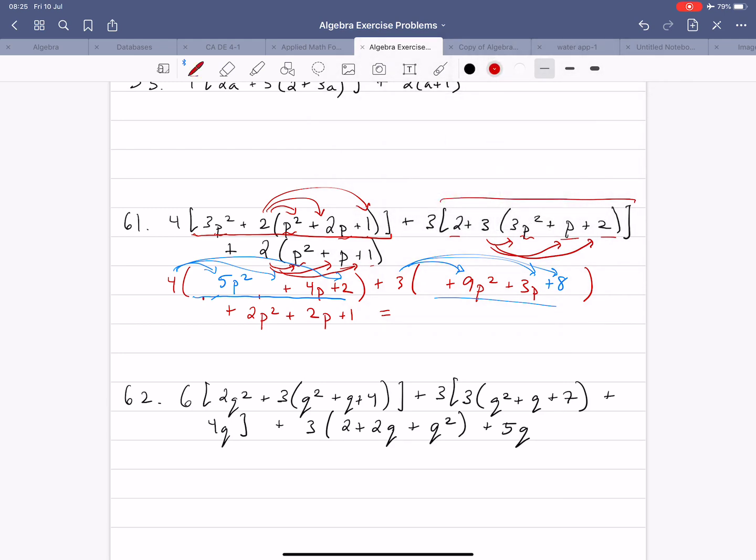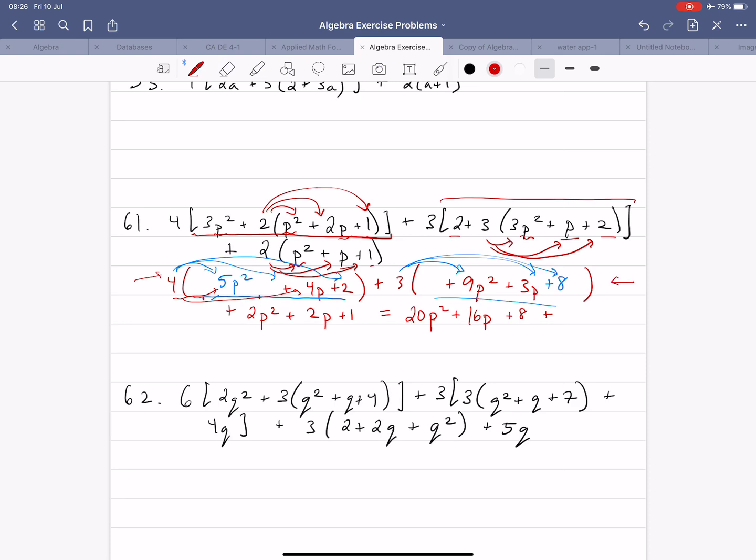Okay, so this is going to be 20p squared, right? 4 times 5 gave me the 20, plus 16p, 4 times 4 gave me the 16, plus 8. So that's it for this term that's over here.